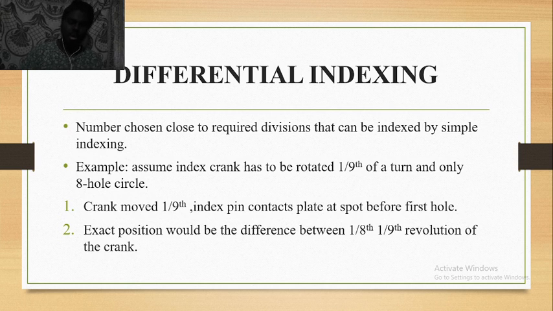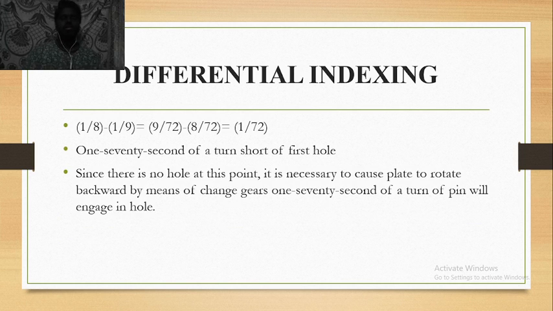The crank moved 1/9th, so the index pin contacts the plate at a spot before the first hole. The exact position would differ between 1/8th and 1/9th revolution of the crank, and we can say this is 1/8 minus 1/9 equals 9/72 minus 8/72, which gives 1/72.